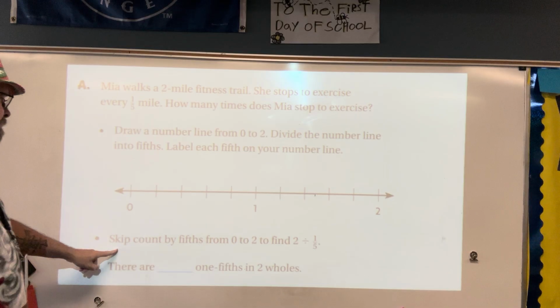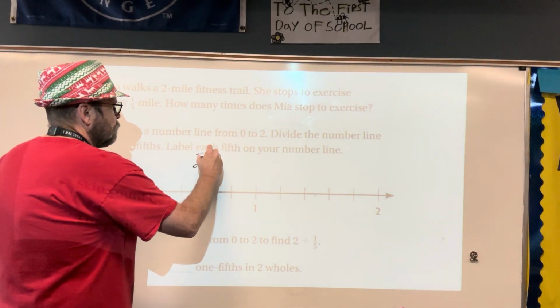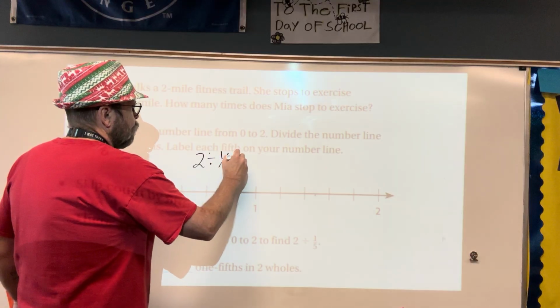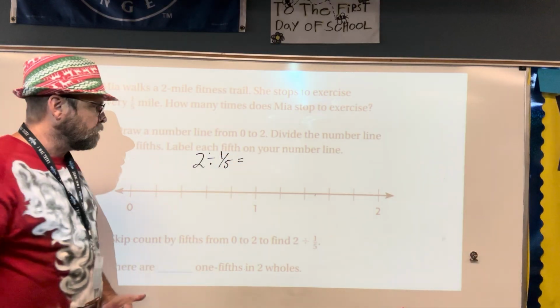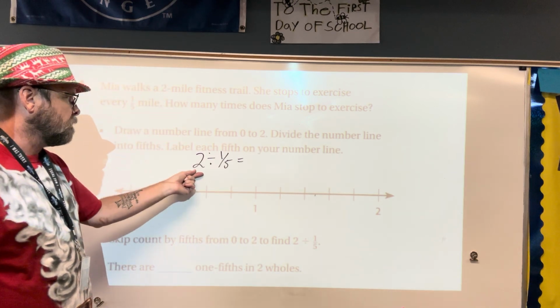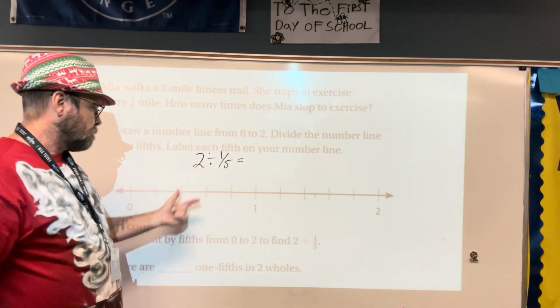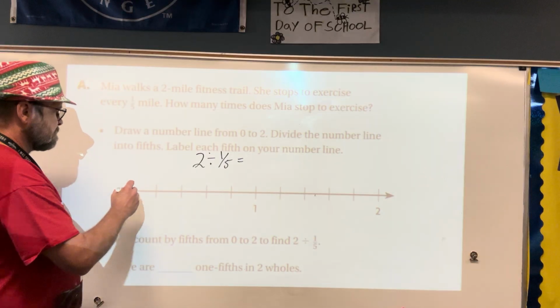Our question is, skip counting by fifths from 0 to 2, find 2 divided by 1/5. My answer is going to be a whole number, because my dividend is a whole number. And it says to skip count.